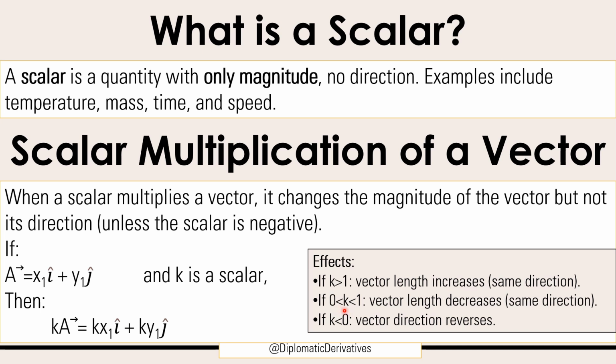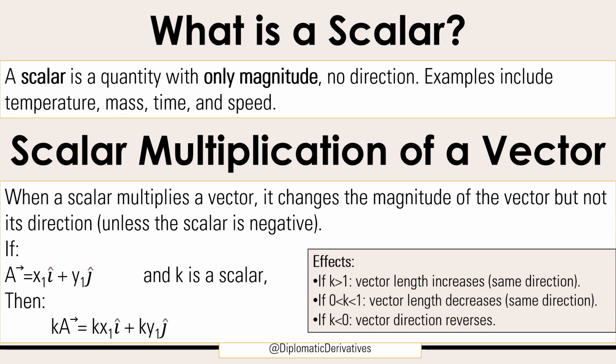If 0 is less than k less than 1, so if k is less than 1, the vector length decreases but in the same direction. So if you have any value from 0 to 1, the vector length decreases in the same direction. If k is less than 0, now you have something which is less than 0, the direction reverses.